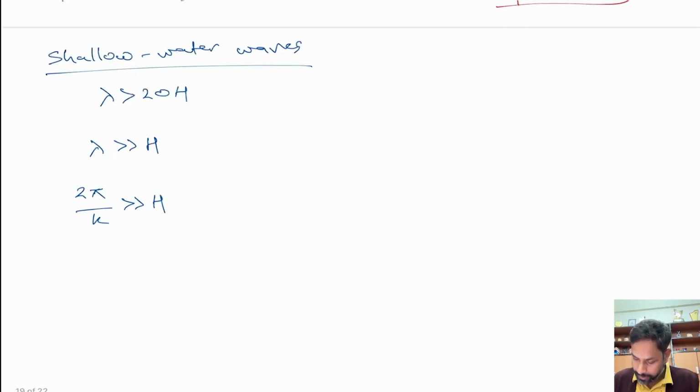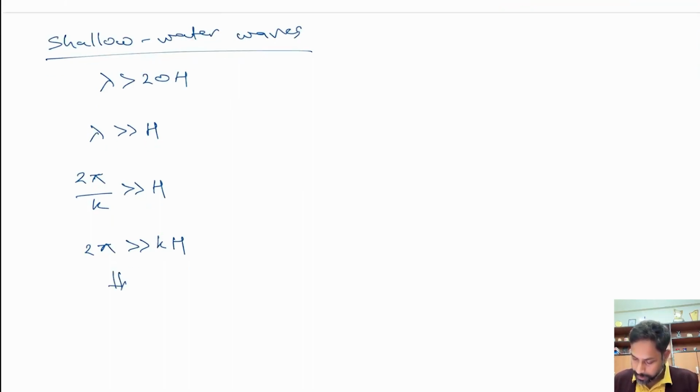In other words, kh is much smaller than 2 pi, which can also be assumed to be approximately kh is much smaller than 1, okay?